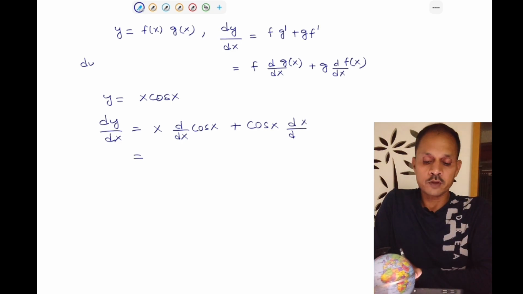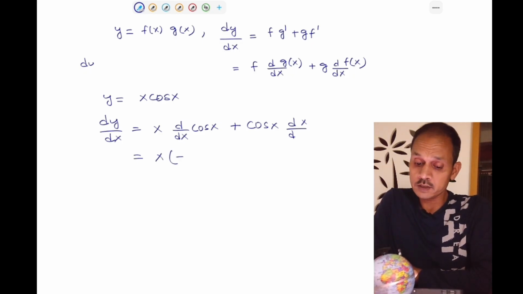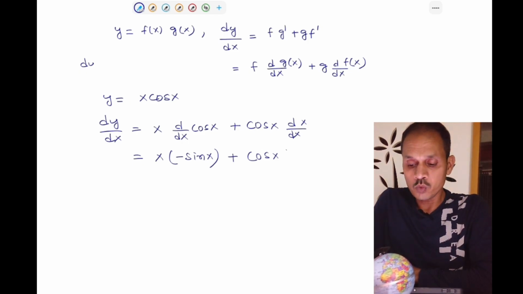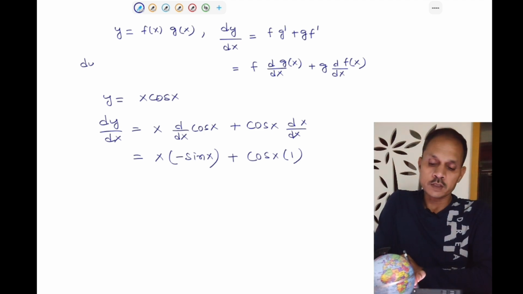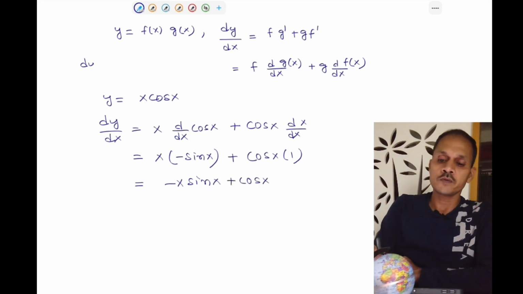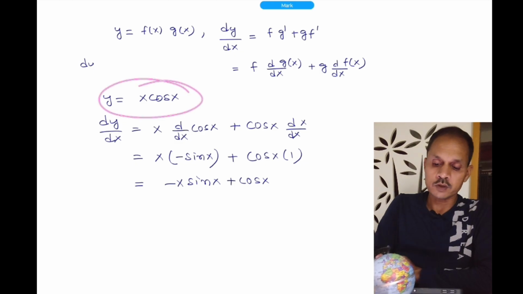So first, x into d by dx of cos x is minus sin x, plus cos x into d by dx of x, which is 1. So the total answer is minus x sin x plus cos x. So this is the differentiation of x cos x.